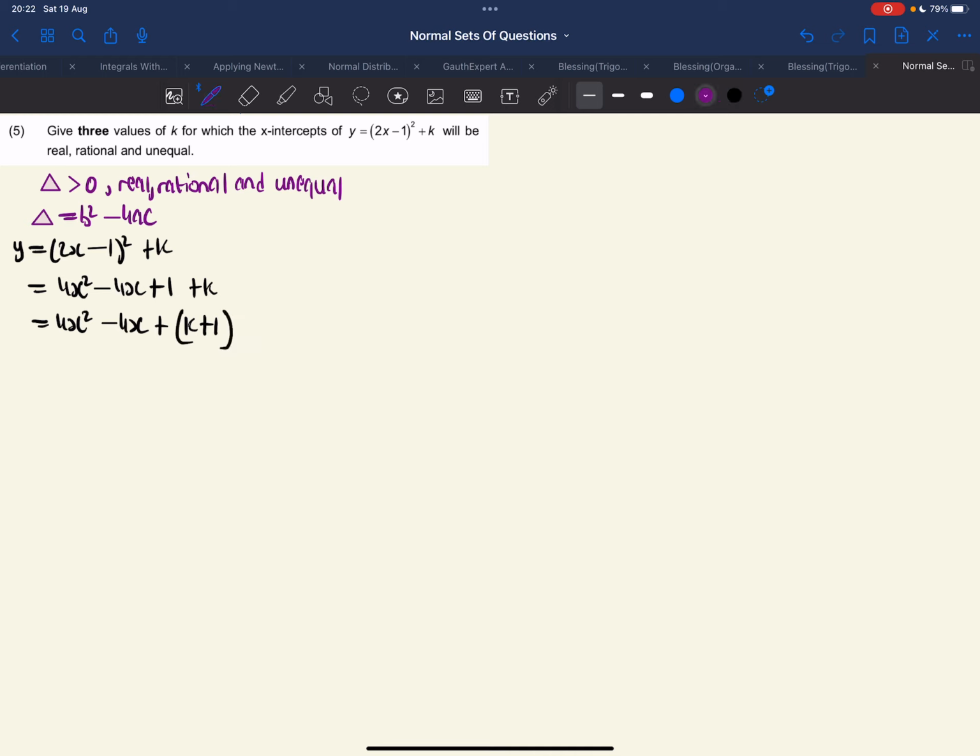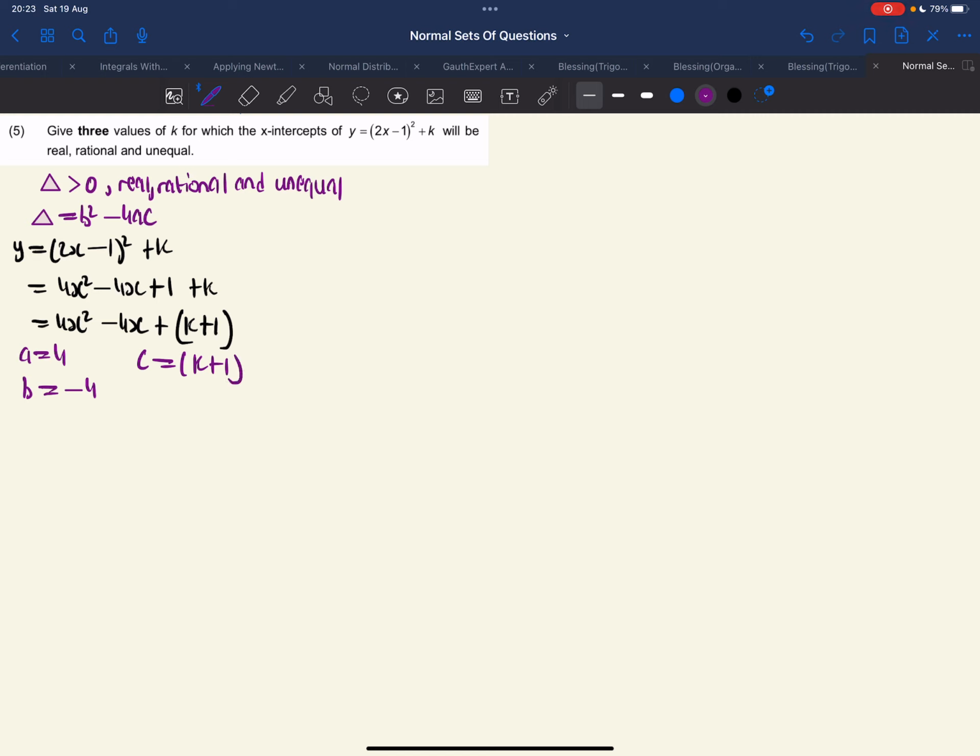So now we can easily identify that a equals 4, b equals -4, and c equals k + 1.